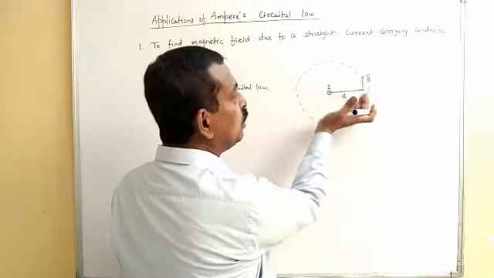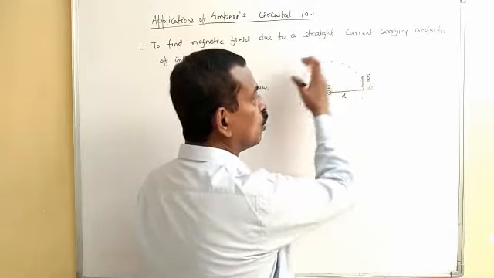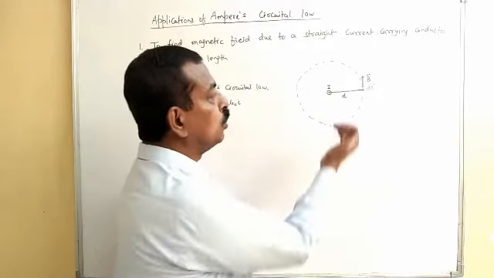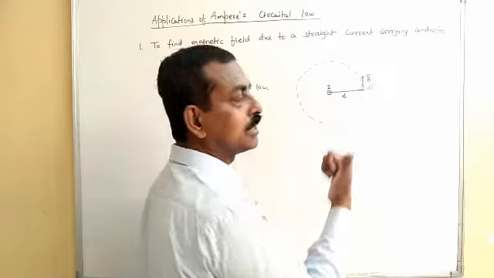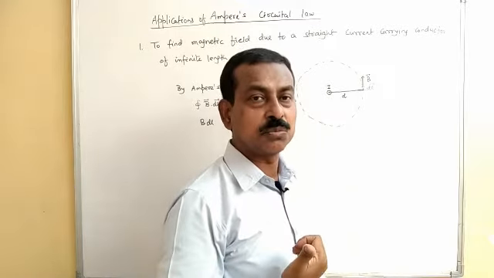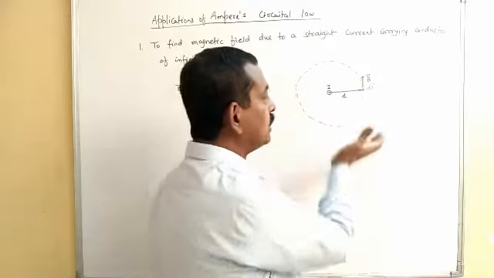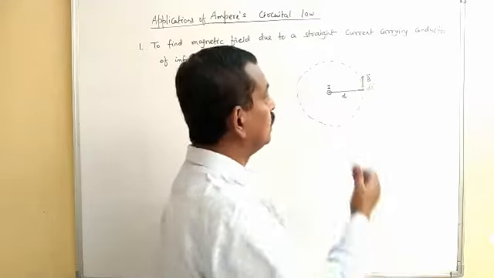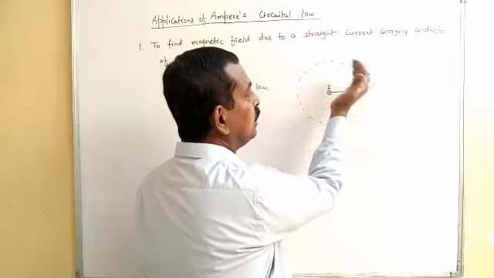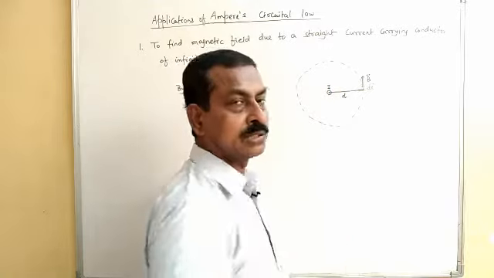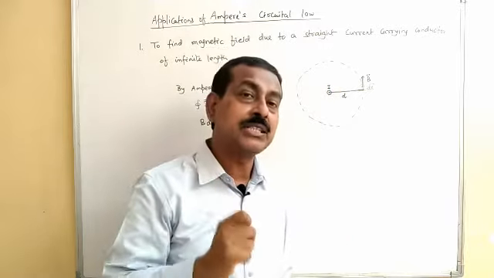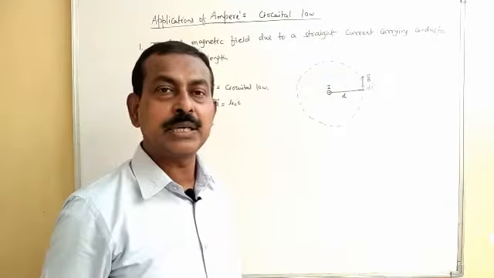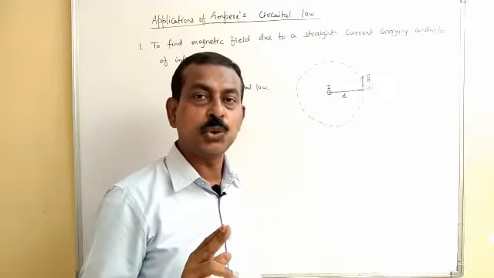And for this case, it will be going in the anti-clockwise direction, because if you apply the right hand thumb rule, if the current is represented by the direction of the thumb, then the curled fingers' direction will indicate the direction of the magnetic field. So at all points, it is in the tangential direction there. dl is also in the same direction as the magnetic field. So the angle between the two is 0.